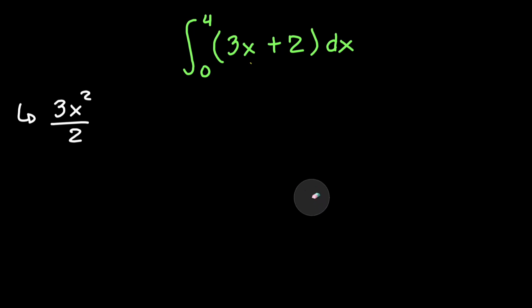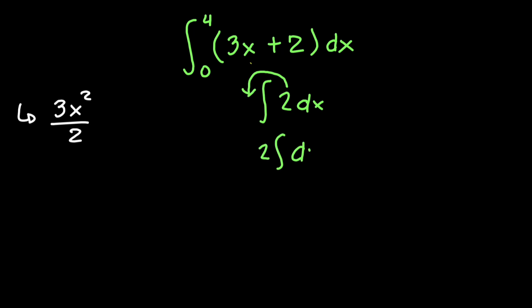Next up would be the integral of 2. So, you can rewrite this as 2 dx. So, you can put 2 outside the integral, which makes it 2 times the integral of dx, and the integral of dx is simply x. So, this would be 2 multiplied by x.